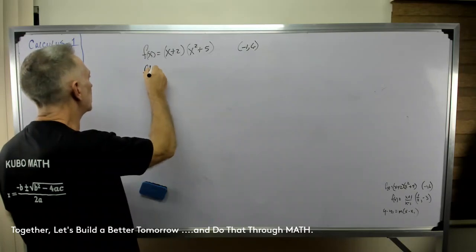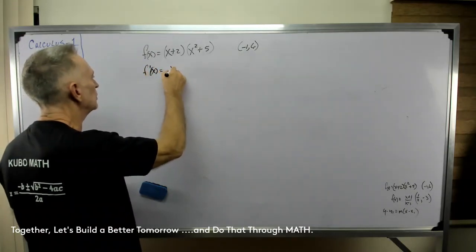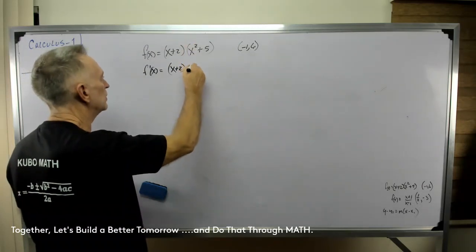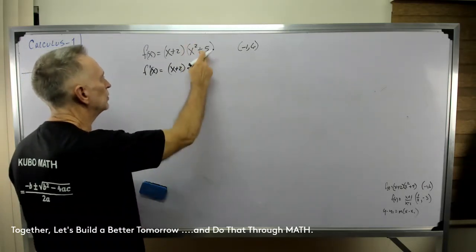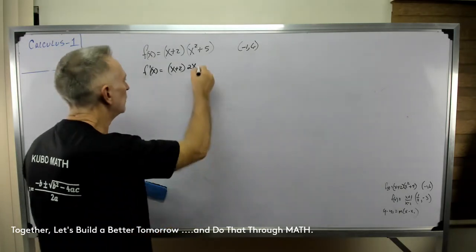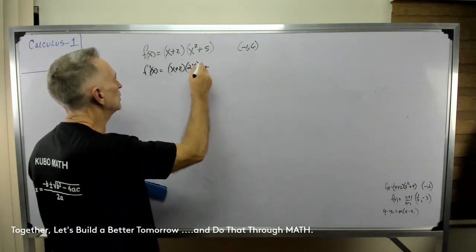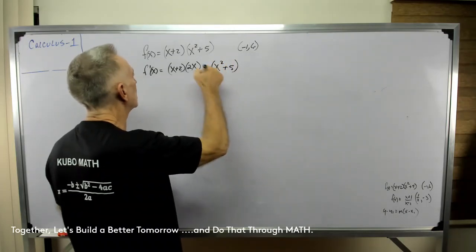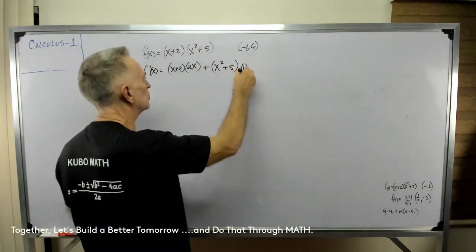f prime of x equals the first one times the derivative of the second one. Bring the 2 down. x to the 2 minus 1. Derivative of a constant is 0. Okay, plus the second one, x to the second power plus 5, times the derivative of the first one, which is just 1.